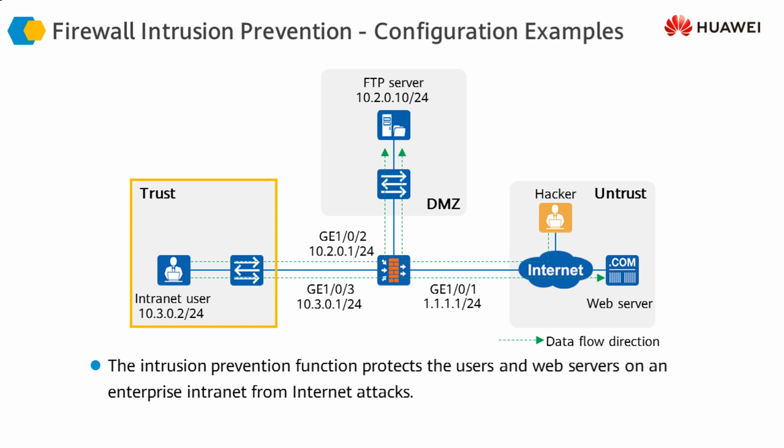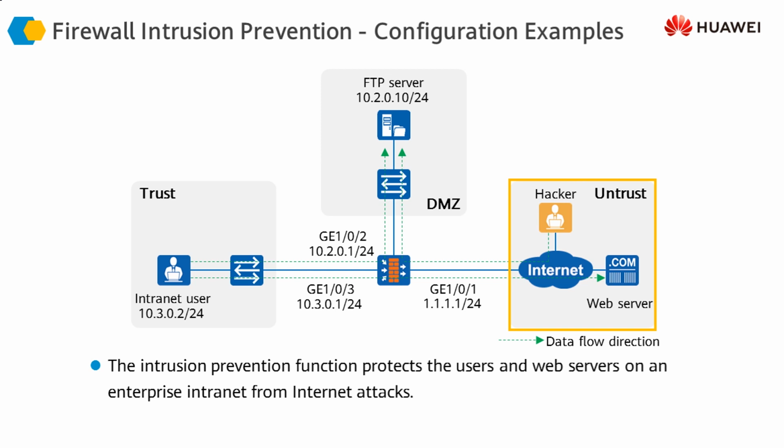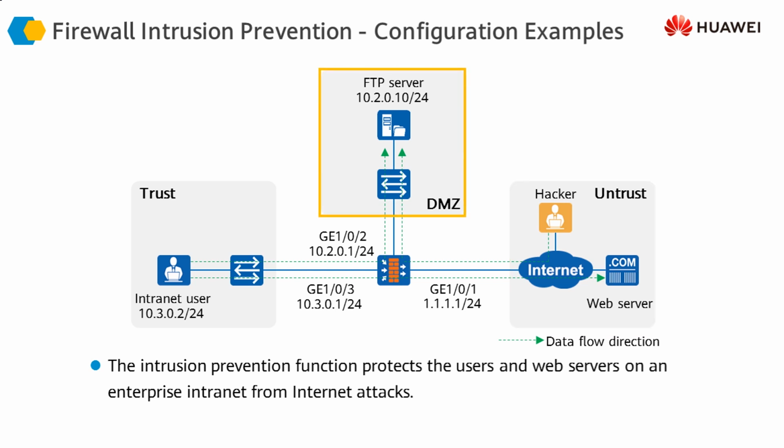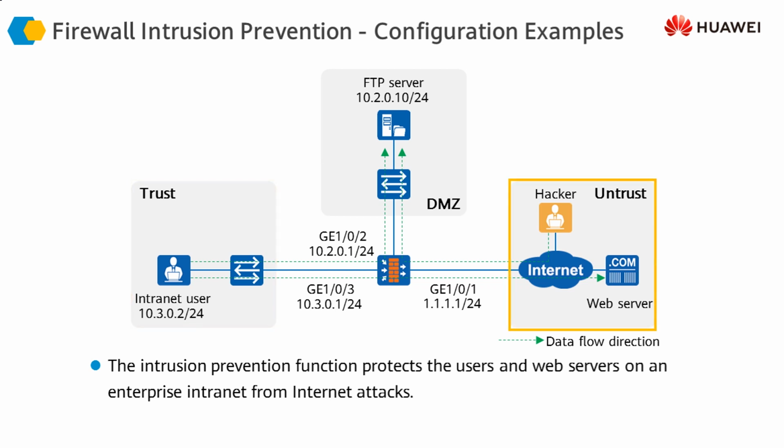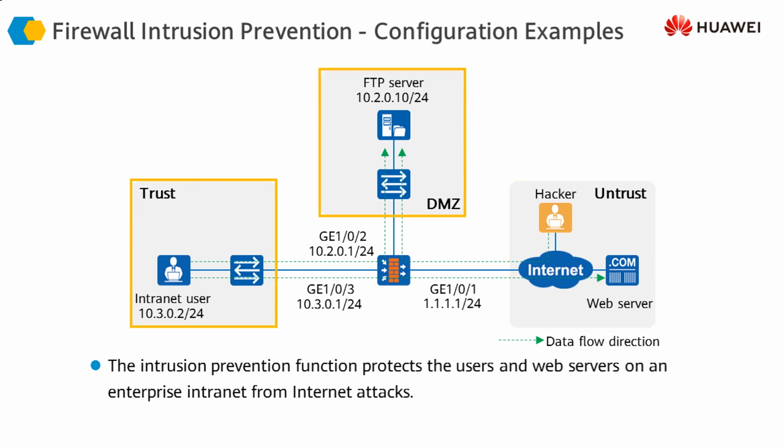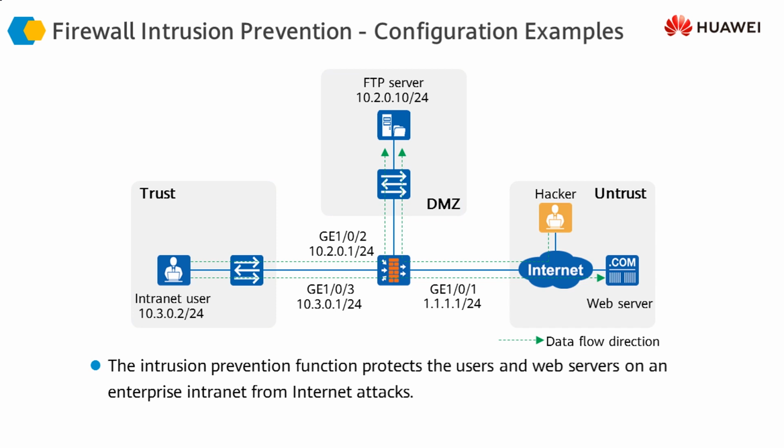So we'll need at least 2 IPS profiles: one protecting our DMZ and our intranet users from the internet, and the second protecting our DMZ from the intranet users. In this way we are going to use these two IPS profiles in our security policy on the firewall to protect our DMZ and our trust domains within our network.